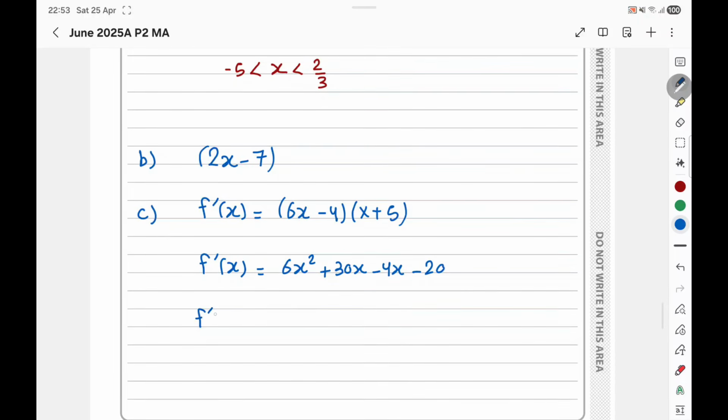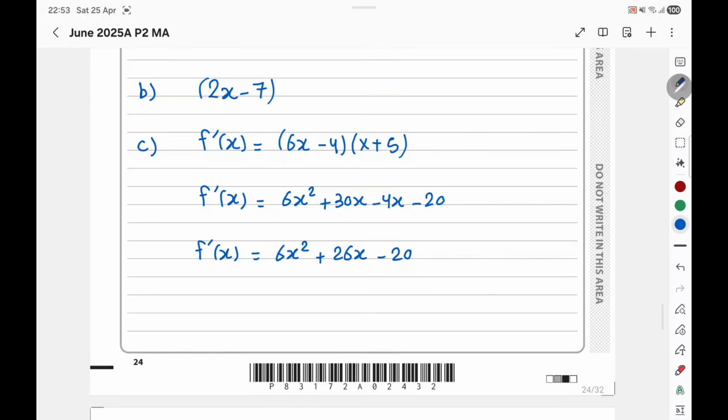So finally, f dash of x is equal to 6x squared plus 26x minus 20. Now let's integrate. Integration of f dash of x will yield f of x. Integrate: add the power and divide by the new power. Add the power, it will be x to the power 3.